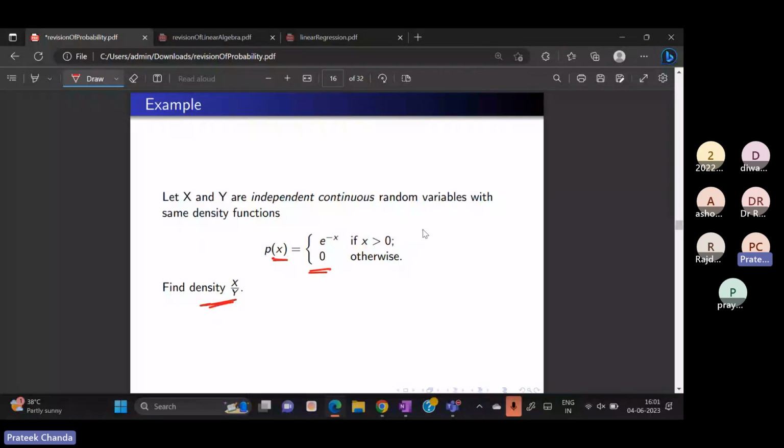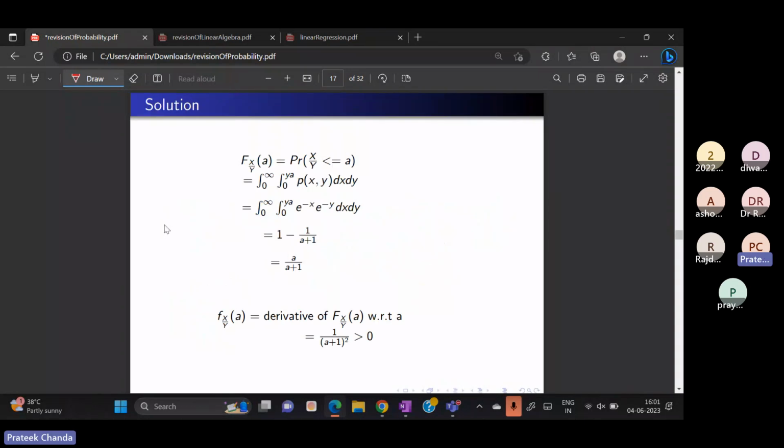If you sum p of x, you can verify it comes out to be 1, and it's always positive. So it's a valid probability distribution. Now I have to find the density of x by y, and it's easy to check here.